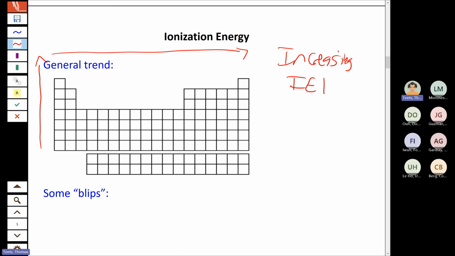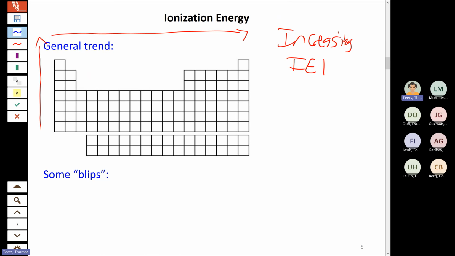They're closer to the nucleus. That makes it harder to remove them. And so that's why ionization energy increases as you go up and as you go left to right. In both cases, the atoms are getting smaller. Electrons are held tightly.